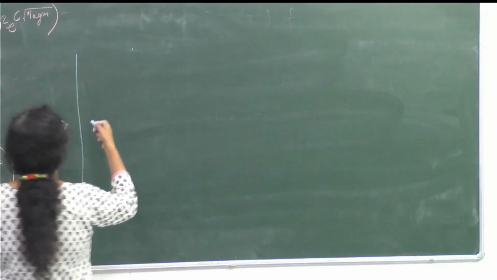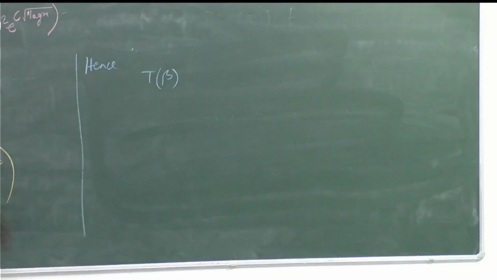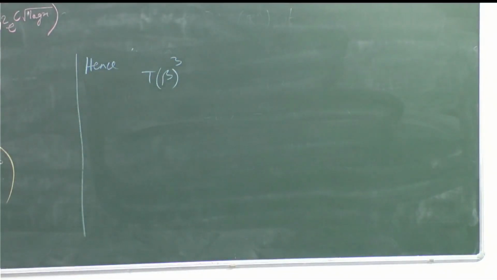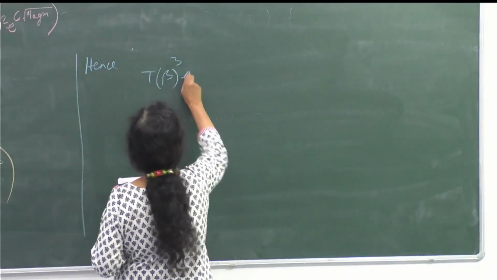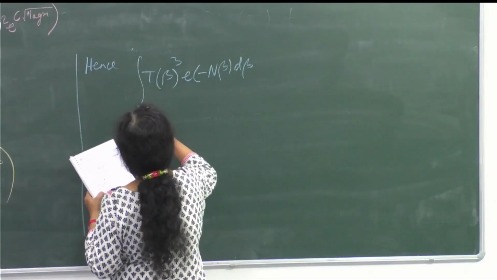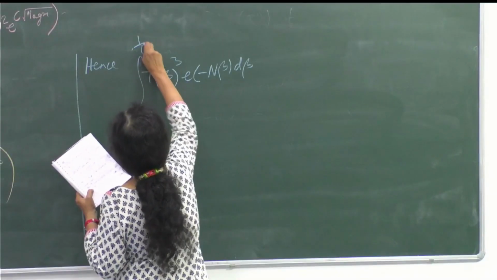Okay. Let me write it again here. So I have T beta cubed, then I have this exponential. That's an integral between minus 1 by q and plus 1 by q. That's this one.